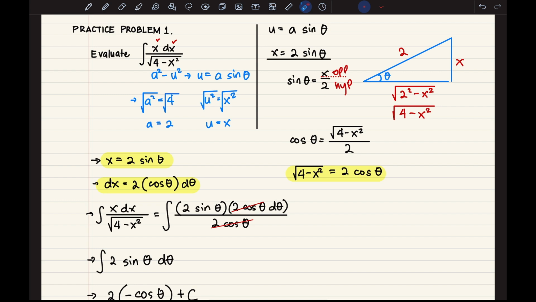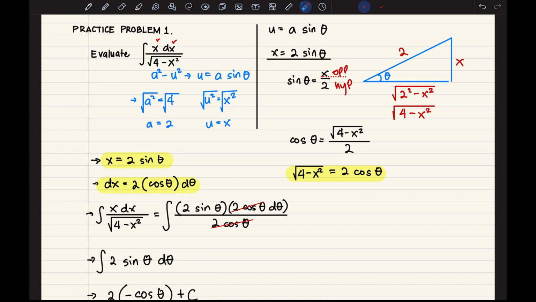In order to find the substitution for our denominator, we return to the right triangle that we constructed earlier. If this side is equal to the square root of 4 minus x squared, we need to relate this side with theta and the constant 2. We do not need to relate this with the variable x, since we are replacing all x variables in our equation with the variable theta.